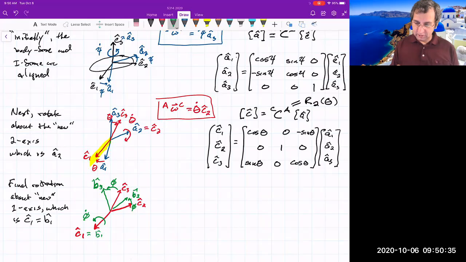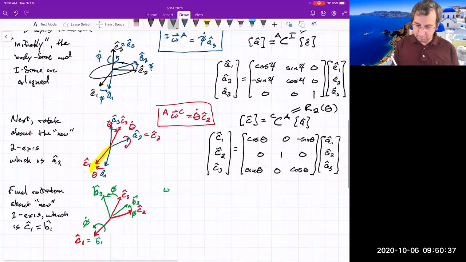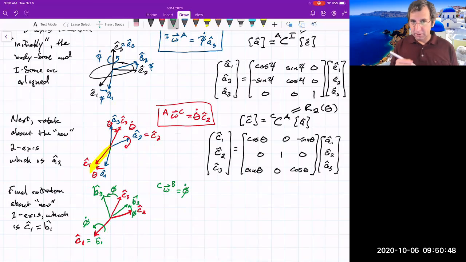Okay, so to write this final angular velocity, the angular velocity of the B frame with respect to this kind of intermediary C frame, it's got a rate phi dot, and the direction is B1.